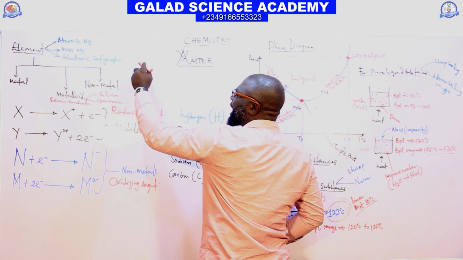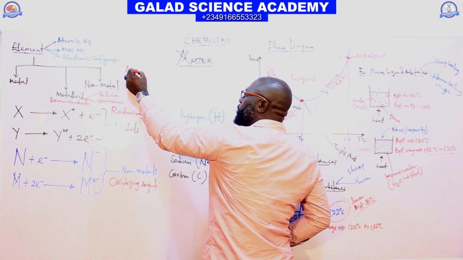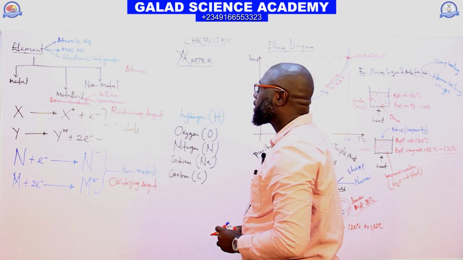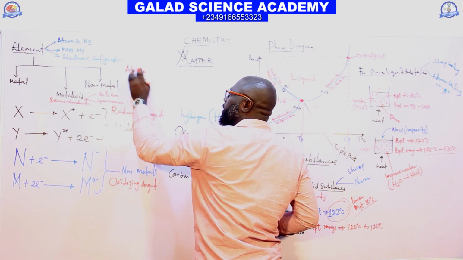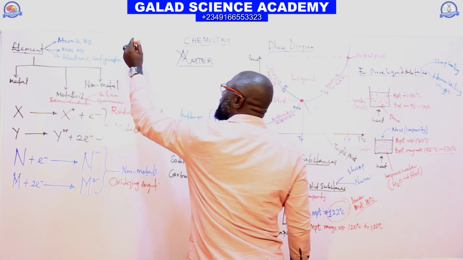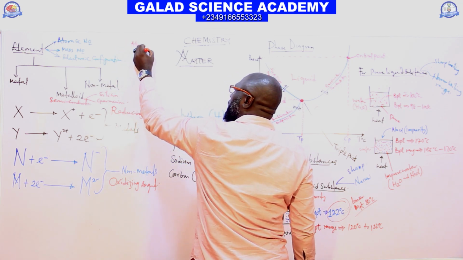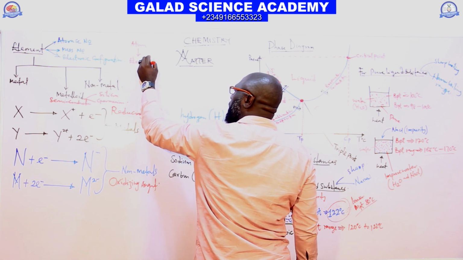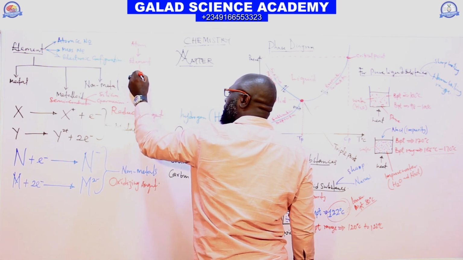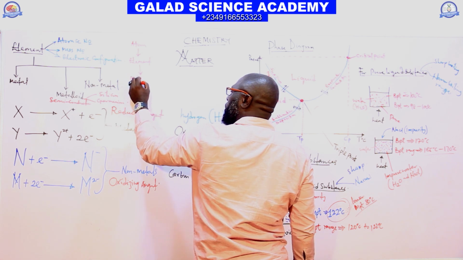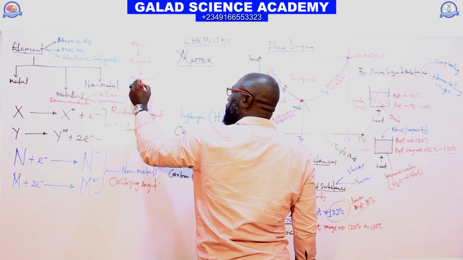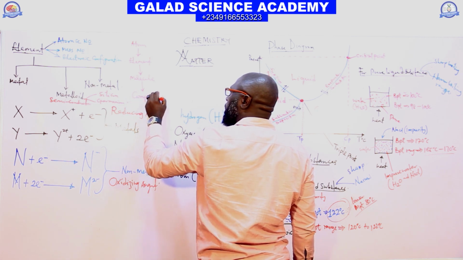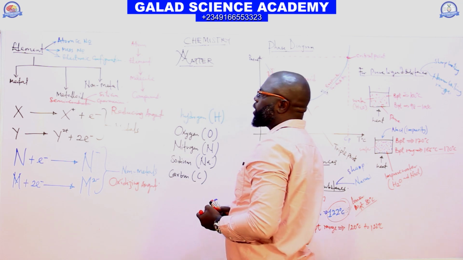I think I should explain atom before molecule, because the order goes like this: atom, followed by element, element leads to molecule, and molecule leads to compound.